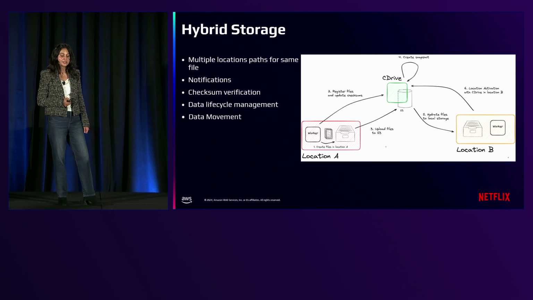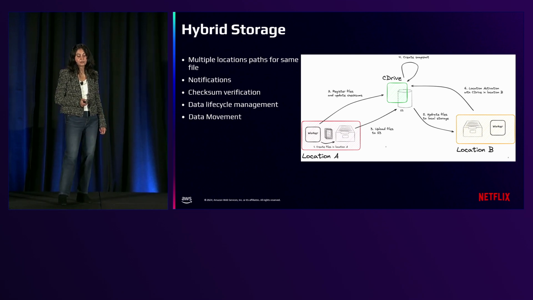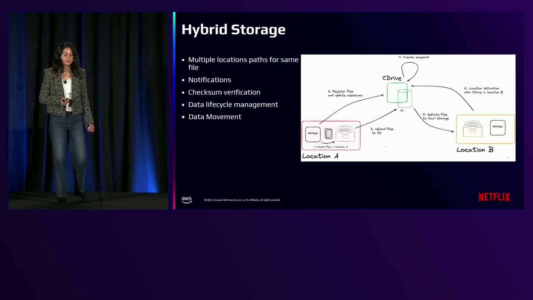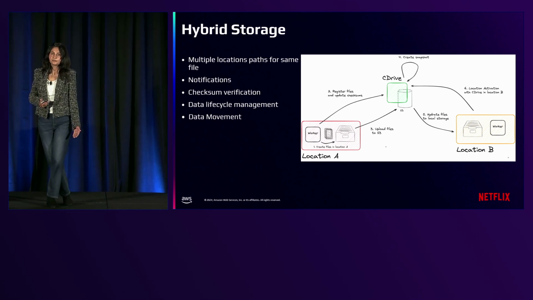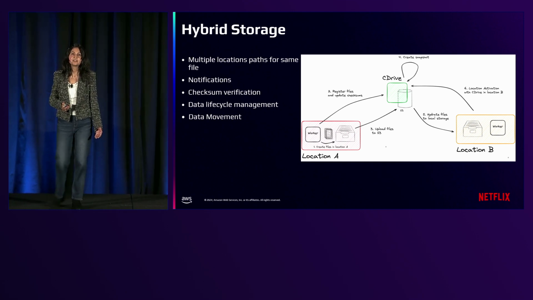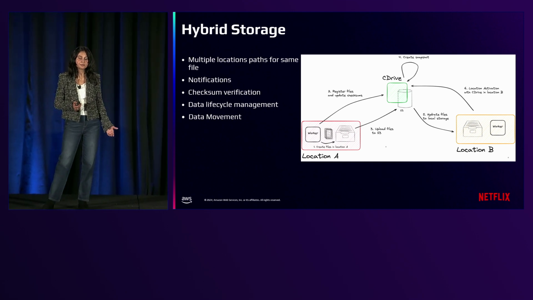As shown in this figure, if some of these files are available in a local vendor environment or our on-prem infrastructure, you can create a representation of this data in Content Drive to have tracking and visibility on these files.